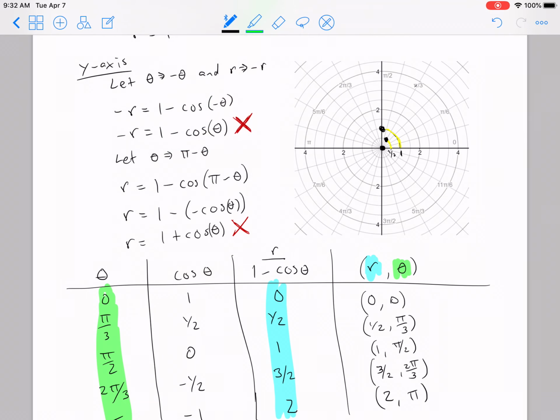And now the next one, what did I just do? 1 and pi over 2. So then we need to do 3/2. So that'll be out at 1.5, which is on this line right here, and we're going to go around until we get to 2 pi over 3, which is right there, which means that's where that point goes. And then our last one is 2 and then pi.